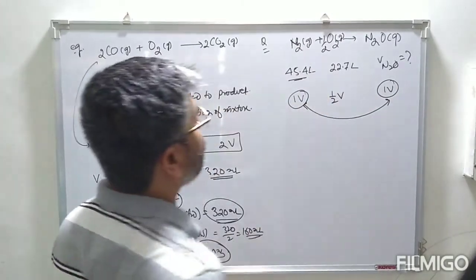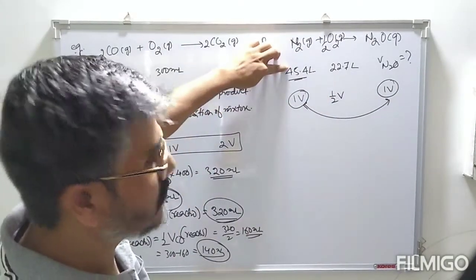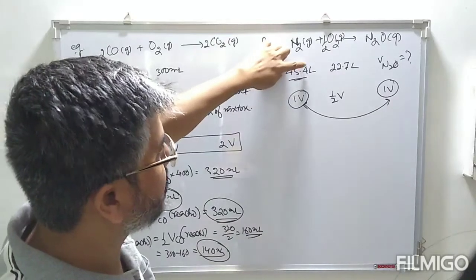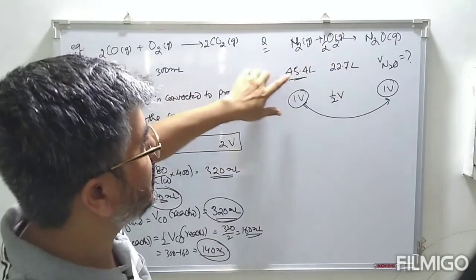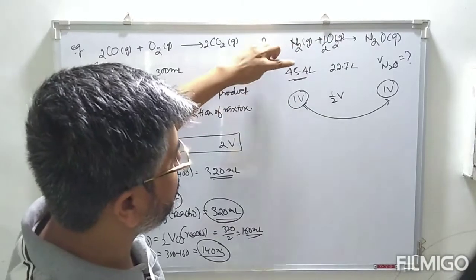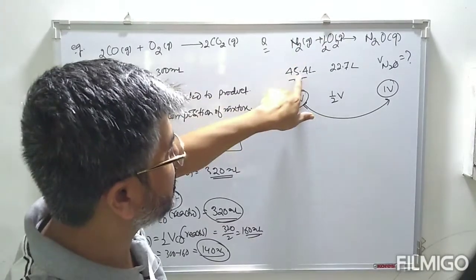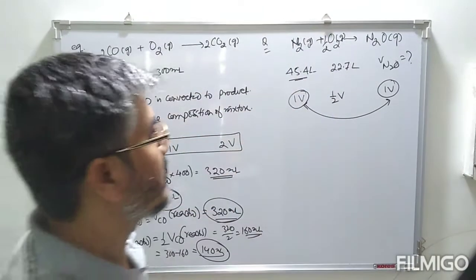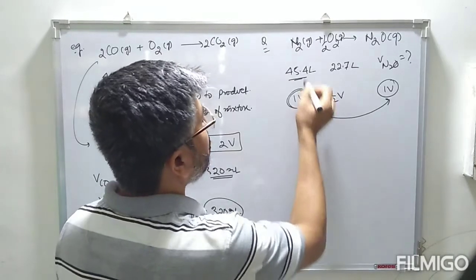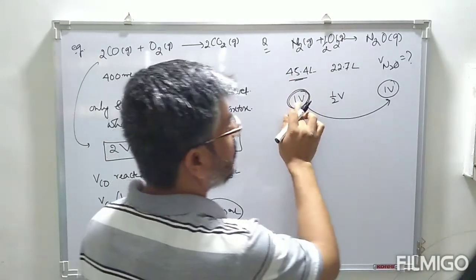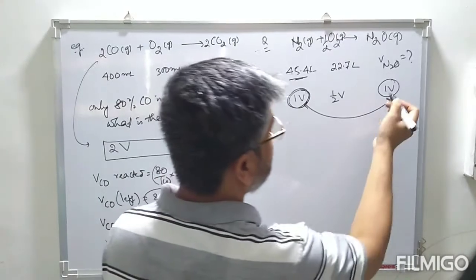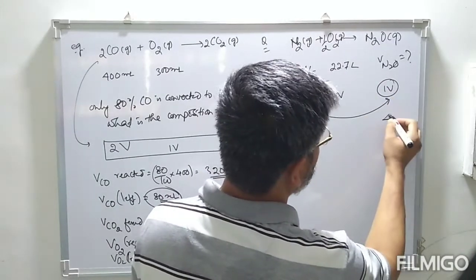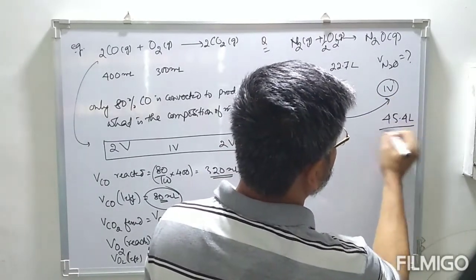So the volume of N2 used is 45.4, oxygen is 22.7. Look at this. 1 volume requires half, so 45.4 will require half of this value, that is 22.7. The volume of N2 reacted is 45.4, so the volume of N2O formed will also be the same, that is 45.4 liter.